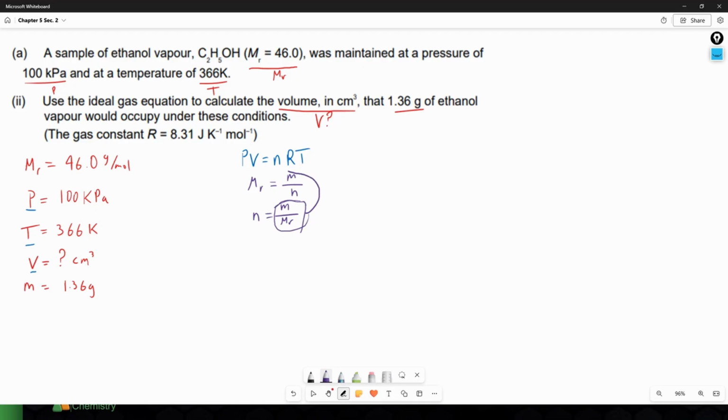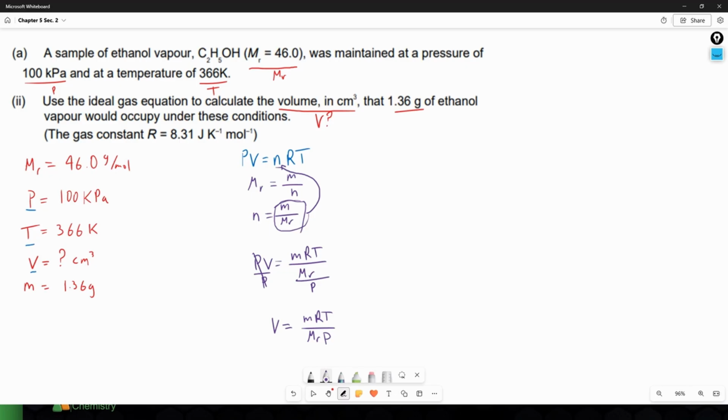That means we can replace the n in the ideal gas equation, giving us PV is equal to mRT over Mr. Since we're looking for volume, all we need to do is divide both sides by P. So these P's cancel out, and we get that the volume is equal to mRT over MrP.